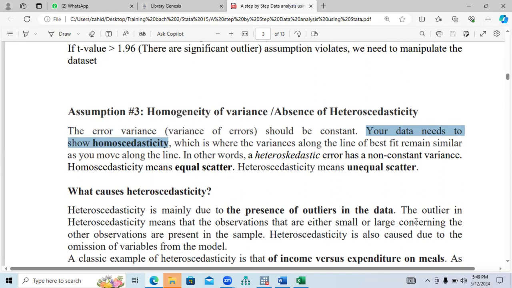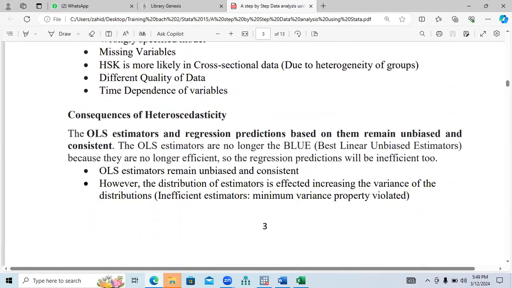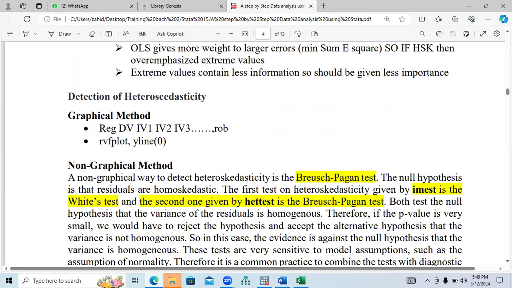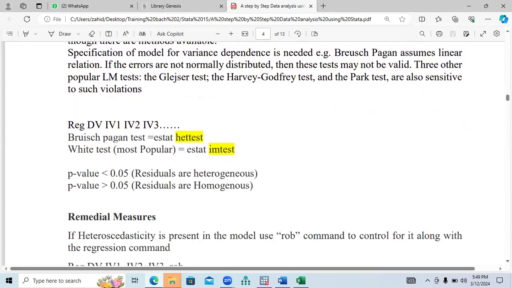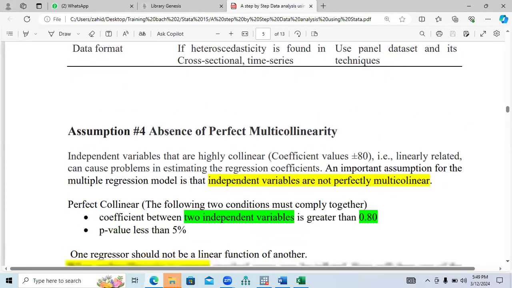So in order to check whether our data is homoscedastic or heteroscedastic, we have some practical sequence. Graphically, we have some commands, and we may also have some commands in a non-graphical way like the Breusch-Pagan test, and we may have some remedial measures also. So we will discuss it tomorrow.